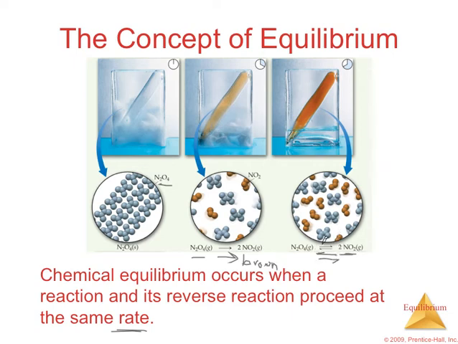At a certain point, the amount being produced is equal to the amount that is decomposing. It is not the amount that is present, it's the rate at which it is being produced and the rate that it is decomposing, but the amounts present can be very different.